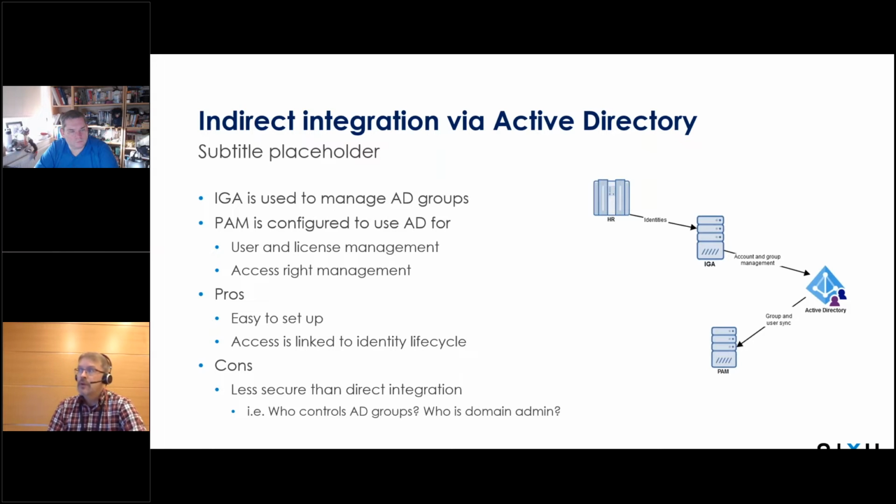A typical use case here would be that, for example, a new employee is hired into a Windows Server administration team, and maybe they themselves or their line manager goes into IGA and requests that access right, so that this new person needs the Windows Server administrator role in PAM.